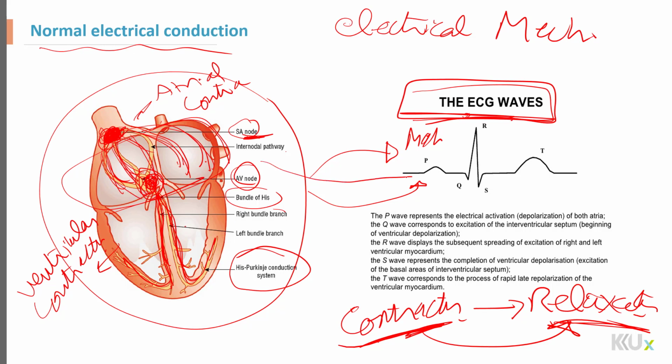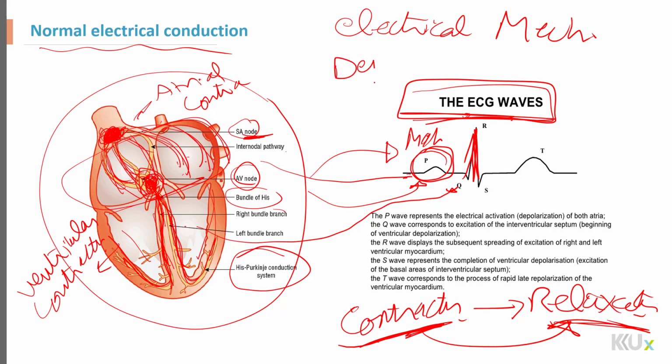This is visualized on the ECG as what is called the P wave. So the P wave represents the atrial contraction. Then the electrical conduction reaches the ventricle through the AV node and the His-Purkinje system, and the ventricles contract. This is then presented on the ECG by the QRS complex. So the QRS complex is the ventricular contraction or ventricular depolarization.